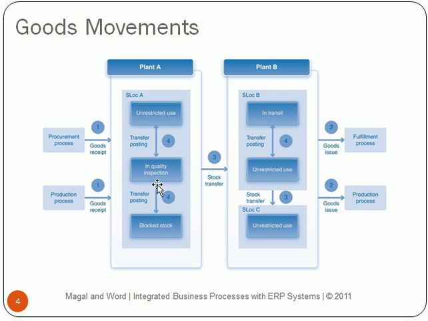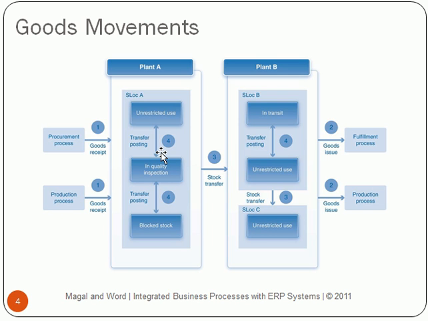So the original status is in quality inspection. Now, if I've finished inspection and I want to start using it, I have to change the status to unrestricted use. That change of status does not require physical movement, but it requires transfer posting. It requires the transfer posting, and transfer posting is just the change of the status of the material in stock.